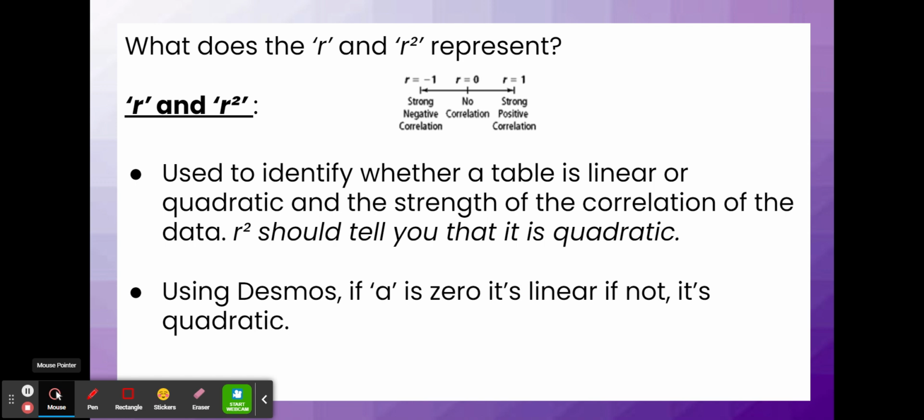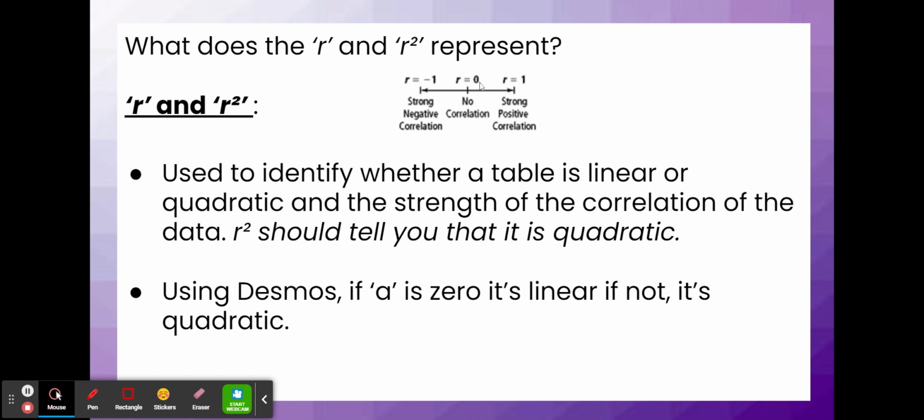When you type in the regression, just like when it was linear, you found out the correlation coefficient, which was called R. So R is going to be our correlation coefficient for linear. R squared is quadratic. So remember, the square means regression for a quadratic. As a reminder, anything close to -1 means a strong negative, and all the way up to +1 means a strong or perfect positive.